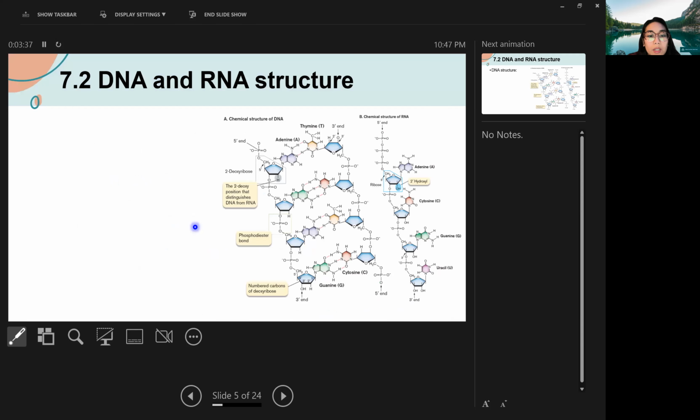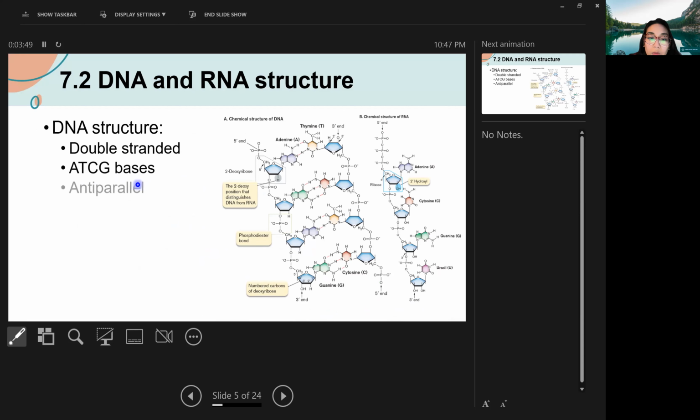Okay, really quick overview of the structure of DNA and RNA. Again, this is something that you should already know from other classes, but the structure of DNA, of course, is double-stranded. These are the bases, A, T, C, G, and it runs anti-parallel. So what does that mean? It means that the 3' end and the 5' end of one strand is opposite to the other strand. So the 3 and the 5 have to do with the carbon number.